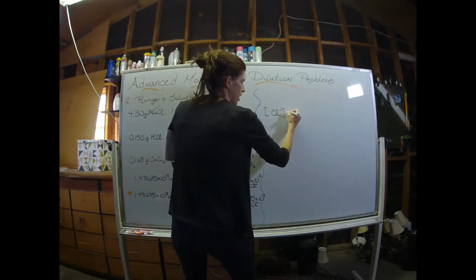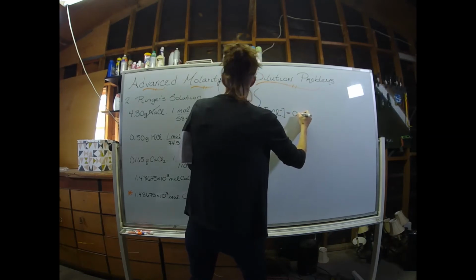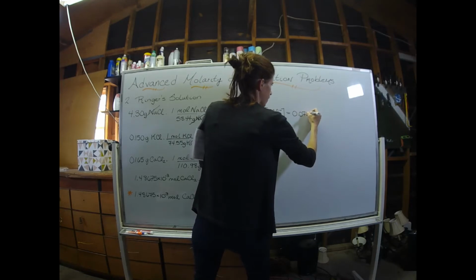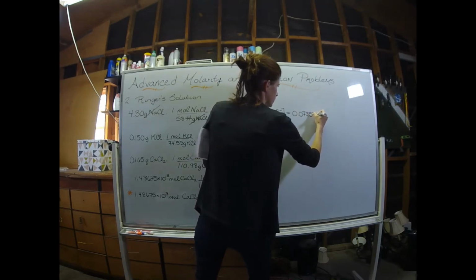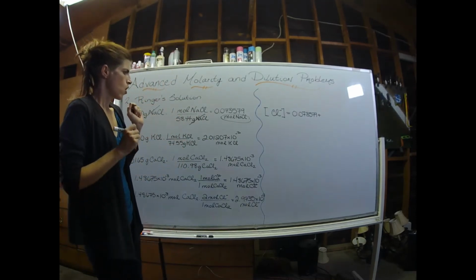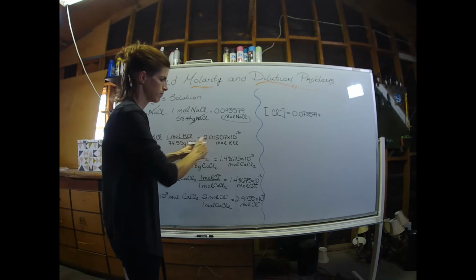That will also apply to chloride ion. So I'll do 0.073579. And then for potassium chloride, it's 1-to-1 again, so I'm just going to grab this value.